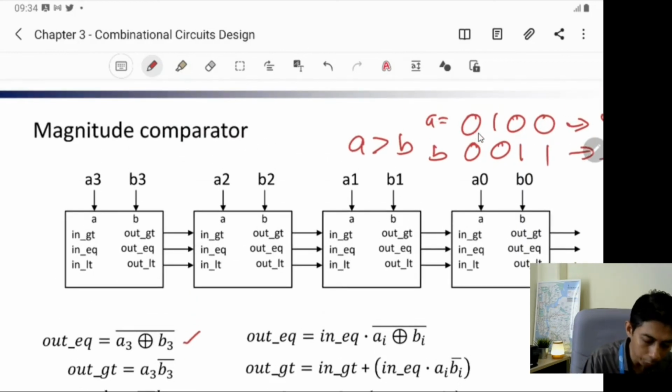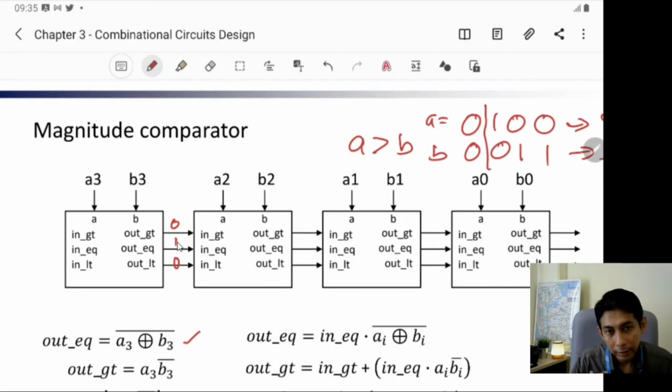So, what output should you get here? Should be 0, 1, 0, right? Because A3 and B3 are equal. So the out equal for A3 and B3 should be 1 here, out equal, right? So now our system knows that A and B are equal for now.